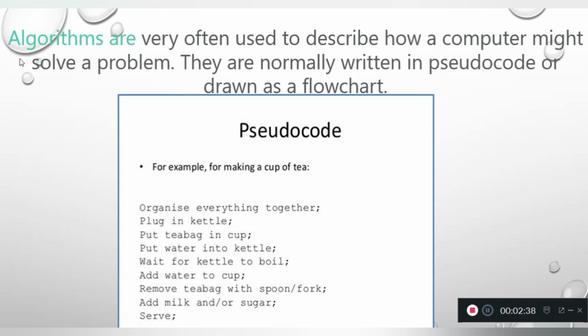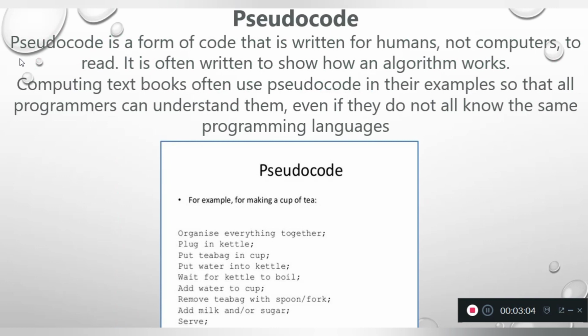Algorithms are very often used to describe how a computer might solve a problem. They are normally written in pseudocode or drawn as a flow chart. Pseudocode.